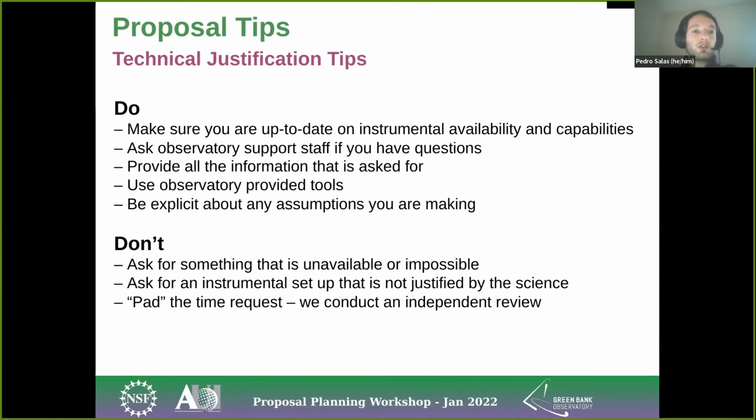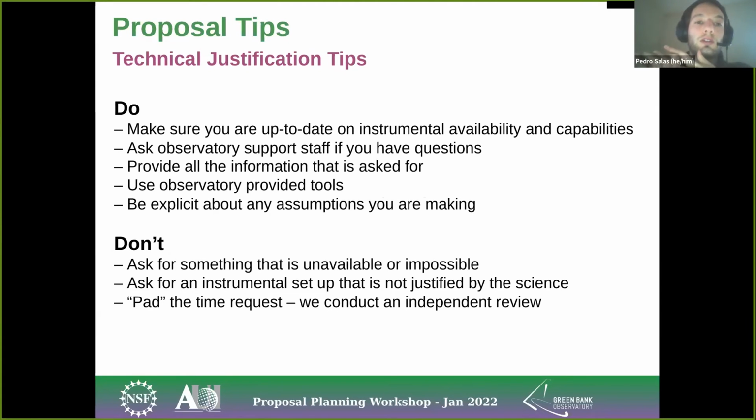In terms of the technical justification, I would say the most important thing is to use the sensitivity calculator, unless you're doing something really different and special. Stick with the sensitivity calculator because that's something that we can check and understand easily. Make sure that you include the output from the sensitivity calculator and the mapping calculator in your proposal.